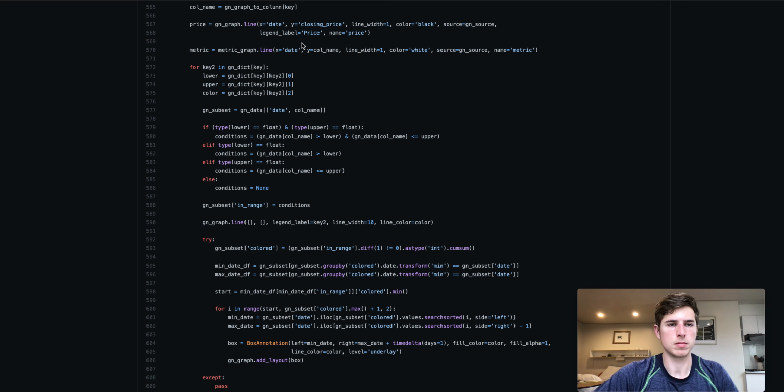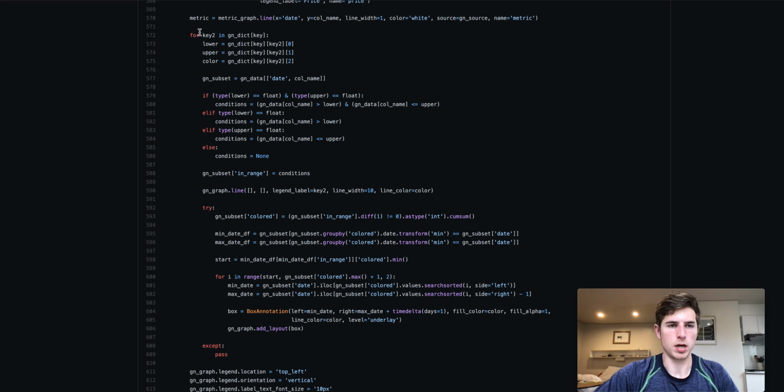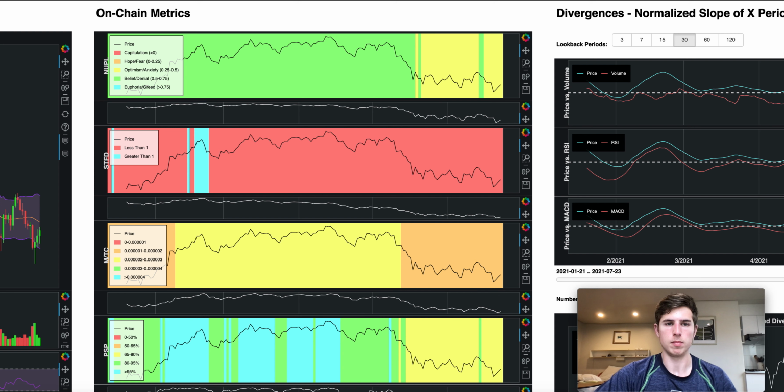And let's see. So here we're kind of getting to the meat of it. We need to set up a lower, an upper, and a color. And what this is doing is saying we've got a lower bound, an upper bound, and the color of the bar.